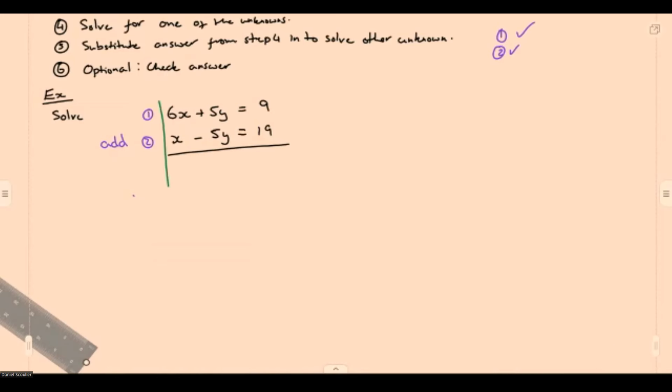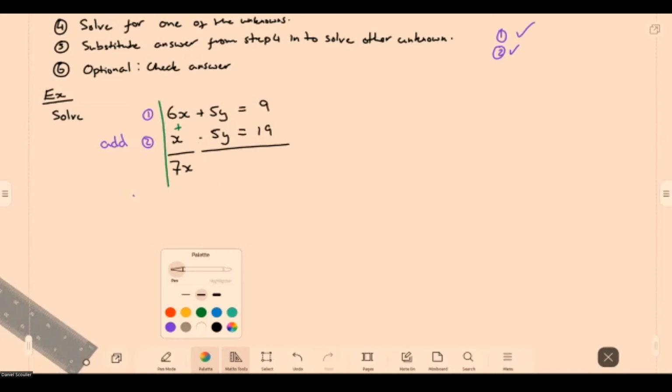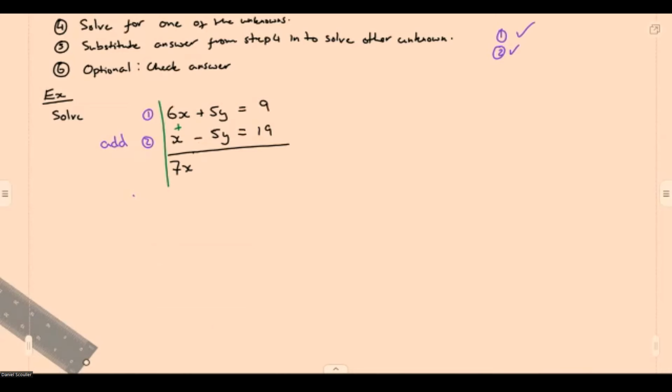Column 1 is our x terms. 6x plus x just gives us 7x. Column 2, we've got our y terms.